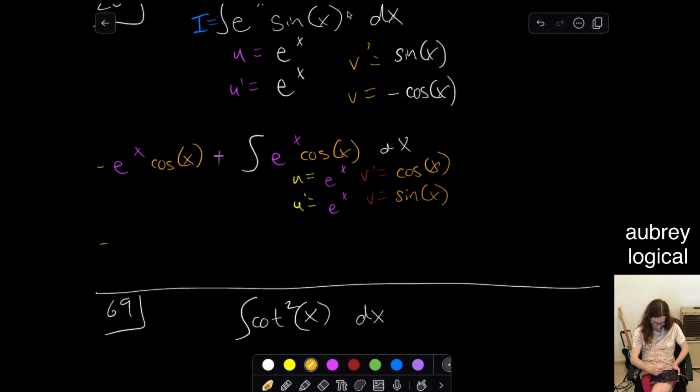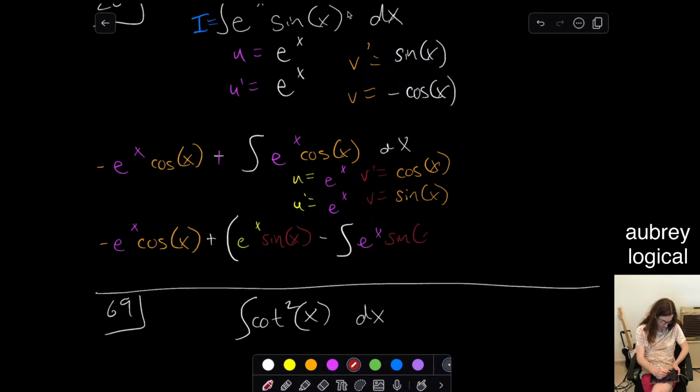So now let's do rewriting. We've got e to the x times cosine of x plus, now we're going to have to write this in parentheses, and we're going to write e to the x times sine of x minus the integral of e to the x times sine of x times dx.